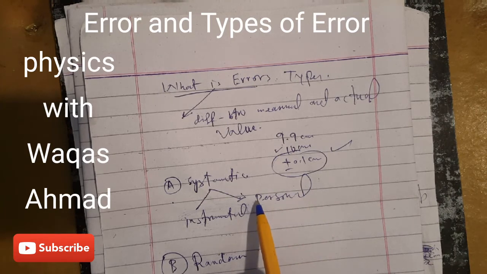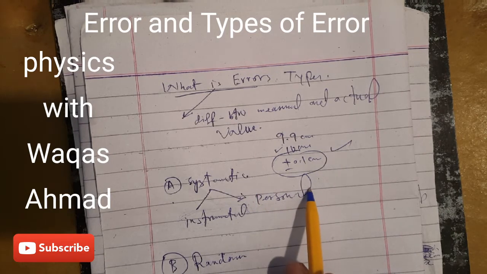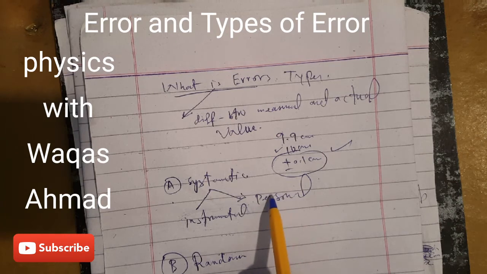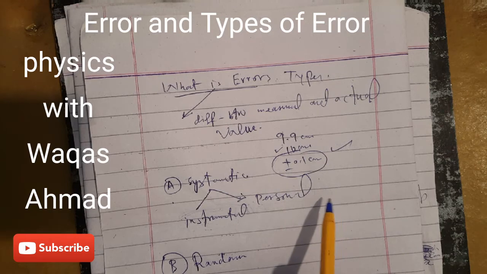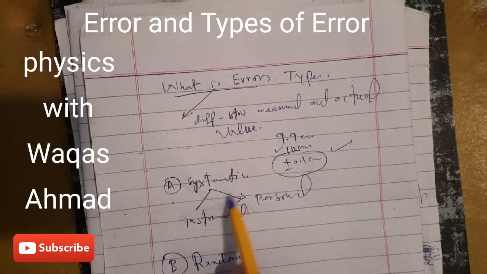So this is basically called personal error, and this personal error may arise due to his carelessness. So personal error arises because of that particular person which is not well trained or who is careless. So systematic error may be instrumental or personal.